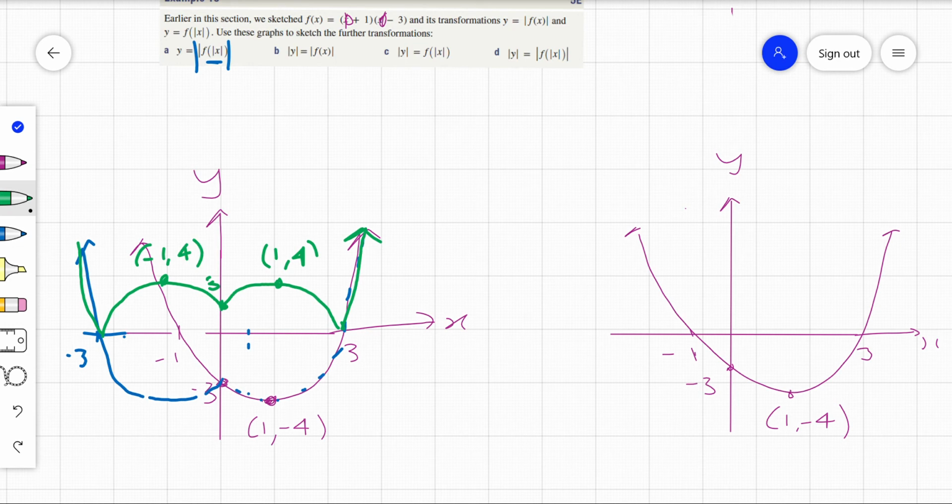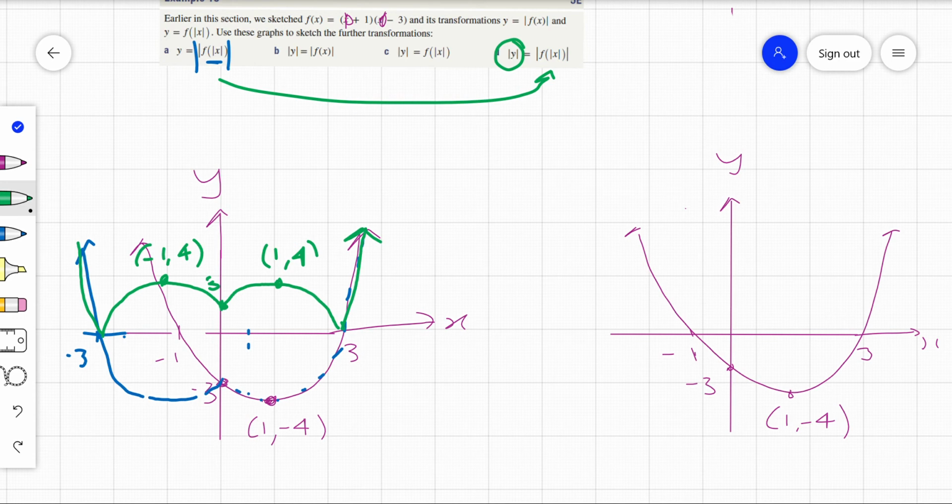Actually, I'm going to skip and do it on the same one here. If I then look at D, which is almost the same, but now it's got the absolute value of y.